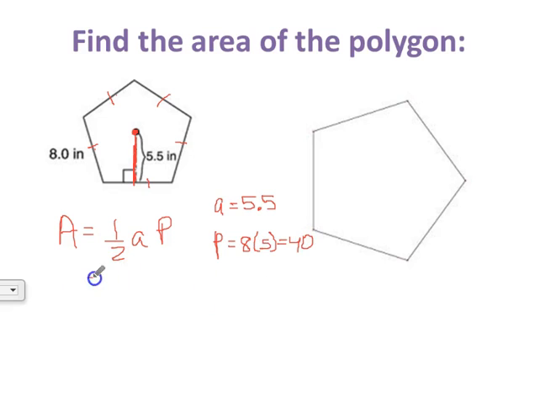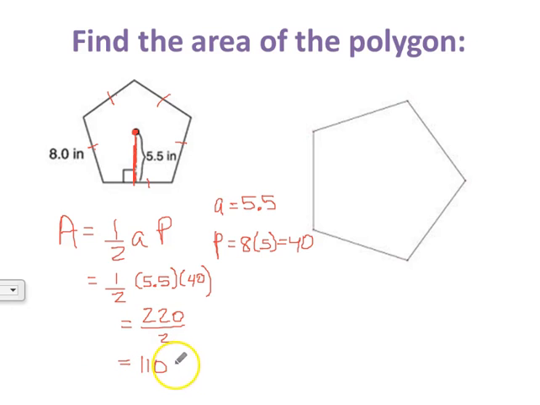So now we can plug this all into our formula. 1/2 times 5.5 times the perimeter, which is 40. I'm going to multiply 40 times 5.5. I get 220, and then I'm going to divide that by 2, and that's going to give me my area. 220 divided by 2 is 110.